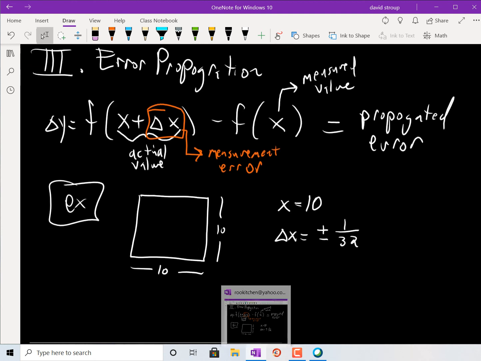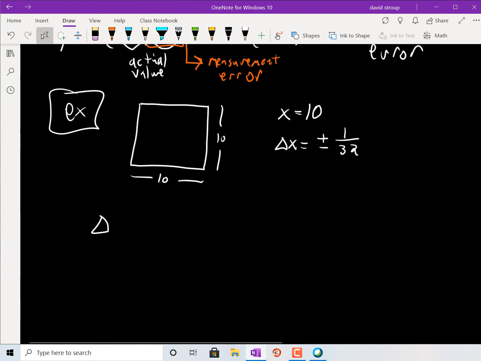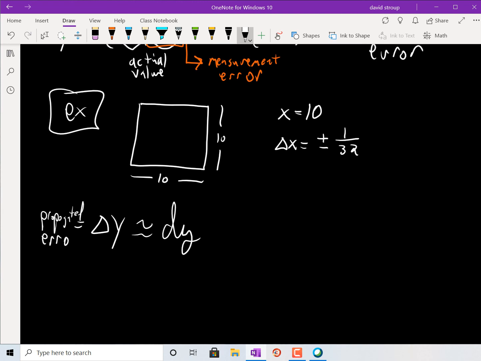So instead of figuring out delta y, we are using differentials. That will be approximately dy, which is the propagated error when computing the area of the square. To compute the area, you're going x times x, in other words, x squared.